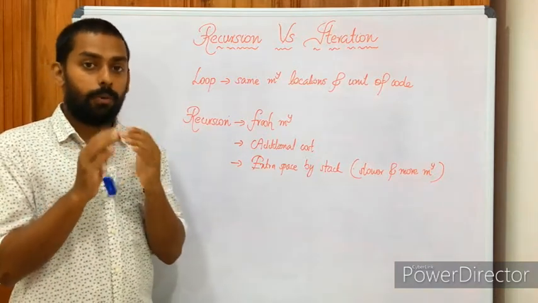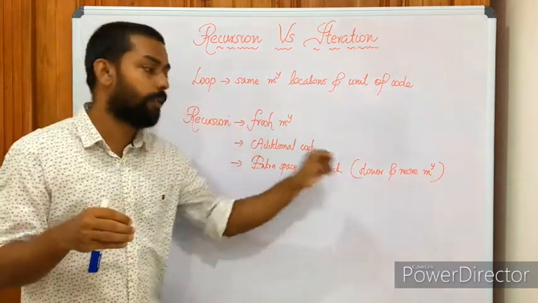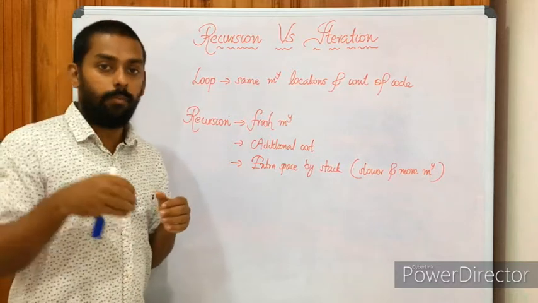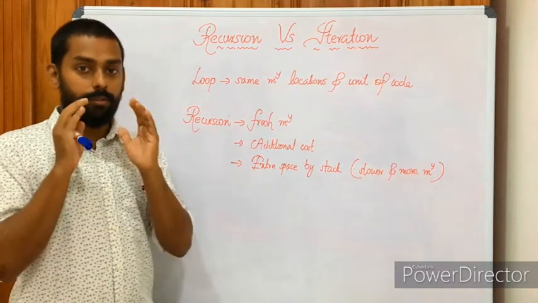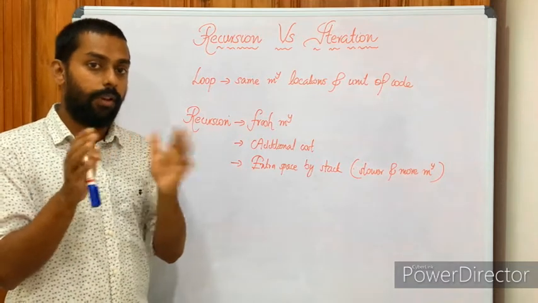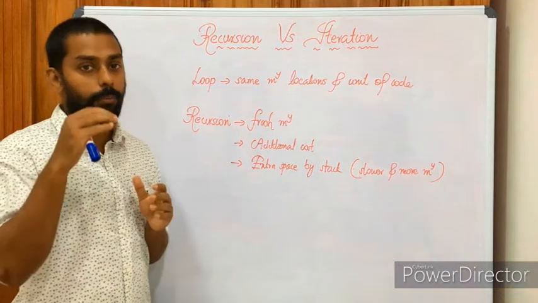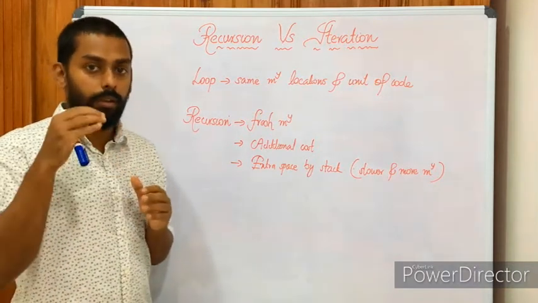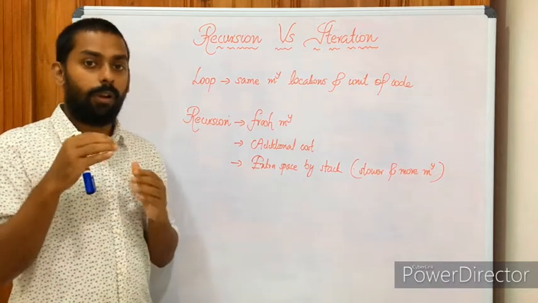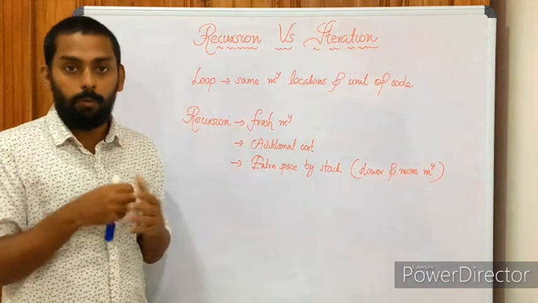To process a stack, it needs extra memory. It makes recursion somewhat slower and memory heavy. Then it's up to the programmer, based on the problem, to decide whether to use recursion or iteration.